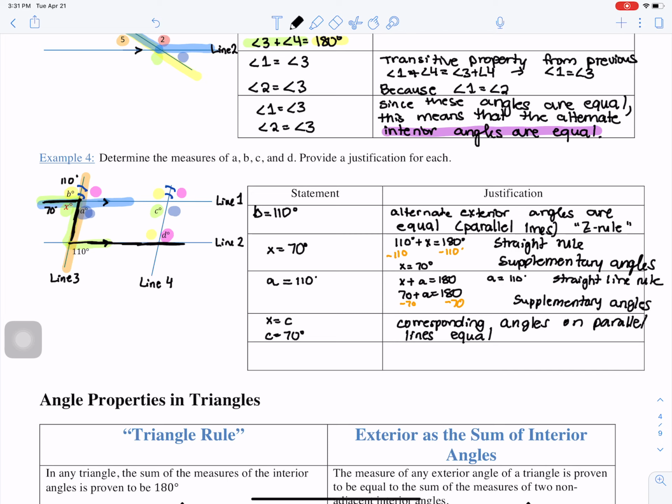So 70 and D are alternate interior angles on parallel lines, and they're opposites or like alternate, so they're going to be equal. So I'm going to say D is equal to 70 degrees. You can call it the Z rule, which is relating parallel lines, or you can call it alternate interior angles are equal.